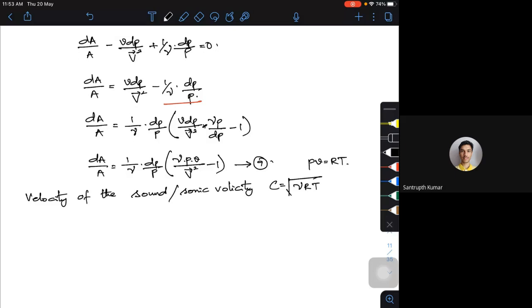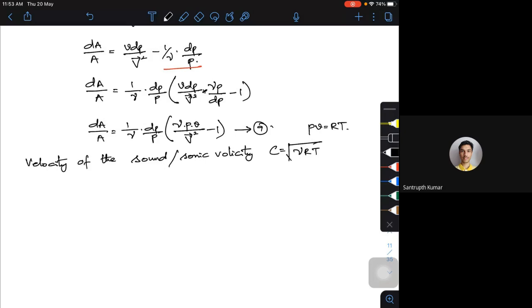So what I'm going to do with equation number 9, I will substitute for PV as RT and try to write this as C square, because we know that Mach number is nothing but the ratio of your fluid velocity V to the velocity of the sound, or sonic velocity.